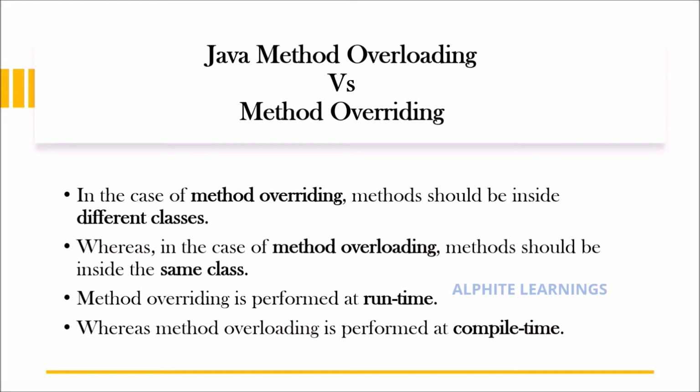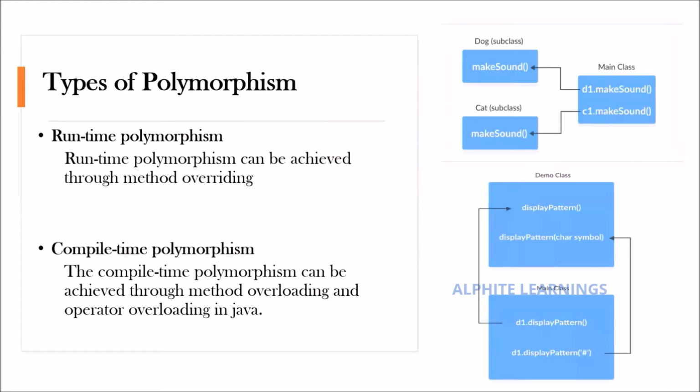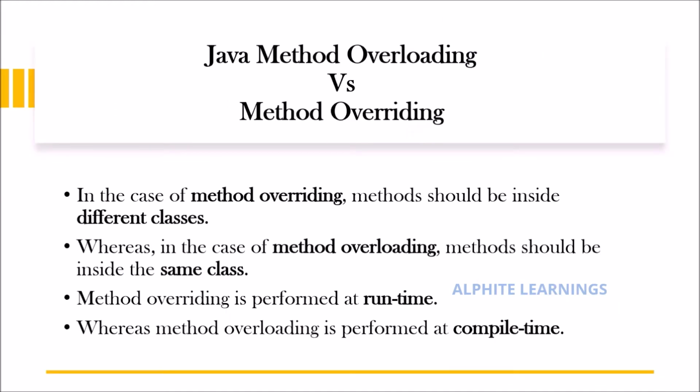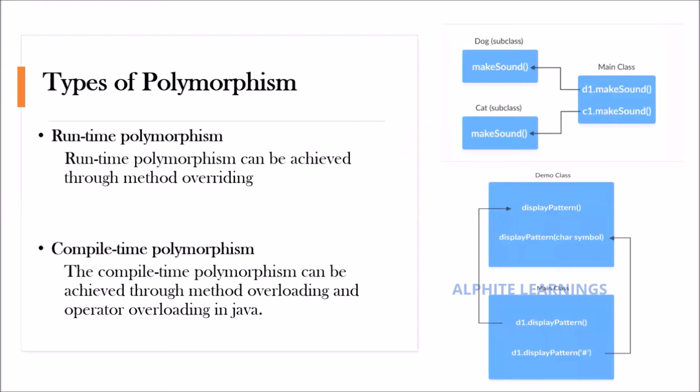As we have seen in the last slide, method overriding is performed at the runtime and overloading is done at the compile time. Okay, so just the gist. If you get any interview questions, and they ask in the name of polymorphism, you give the same answer. If they specifically ask about overriding or overloading, you give the same thing.